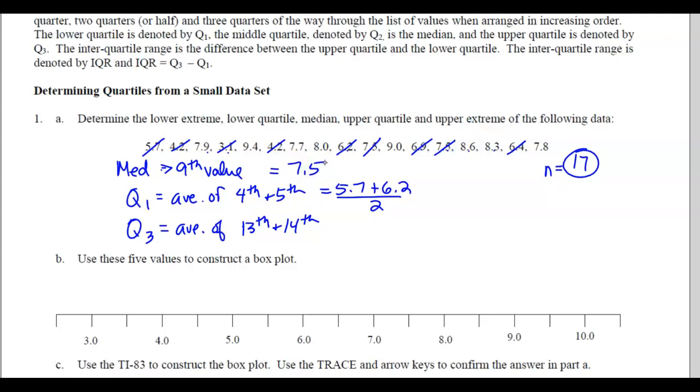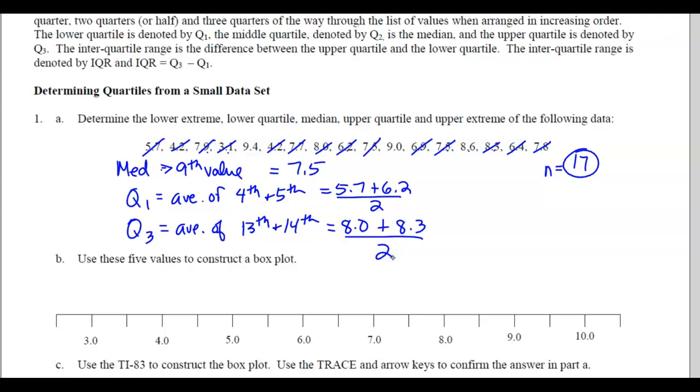Okay, then 10th, 11th, 12th, 13th, and 14th, and divide by 2.